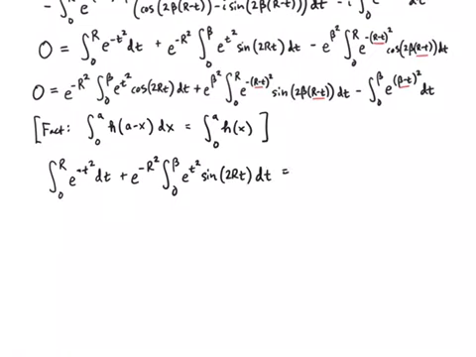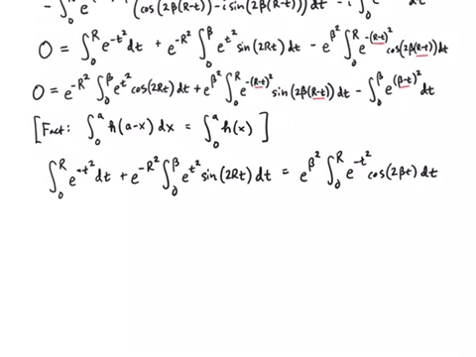That's equal to e to the beta squared integral from 0 to r of e to the minus t squared, cosine of 2 beta t. It's a little less complicated.